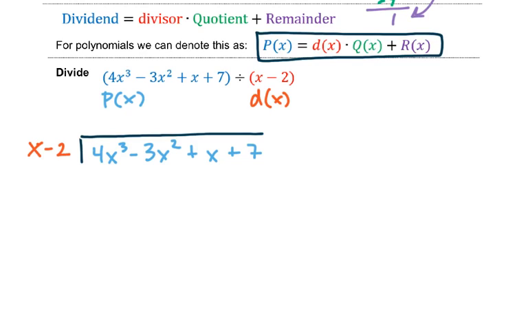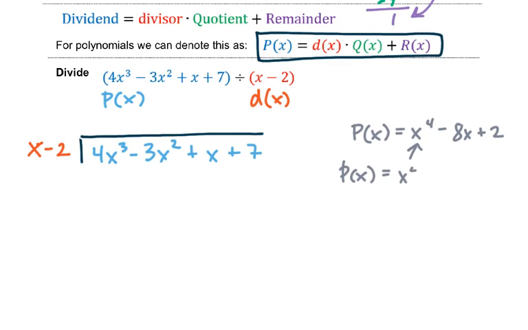And so there's one little thing that I just want to bring up that this example isn't really showing us. If my dividend had been, say, P of x equals x to the 4th minus 8x plus 2. So we've got a quartic term. There is no x cubed and there's no x squared. So if that was the situation, I would need to make sure I use a placeholder.